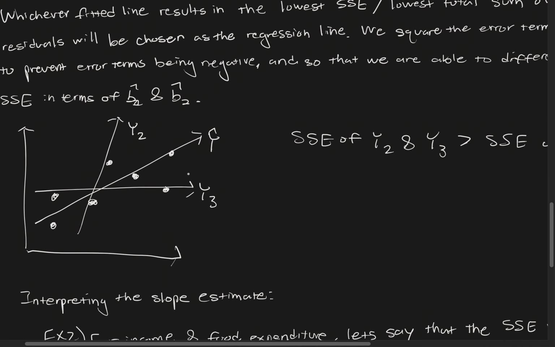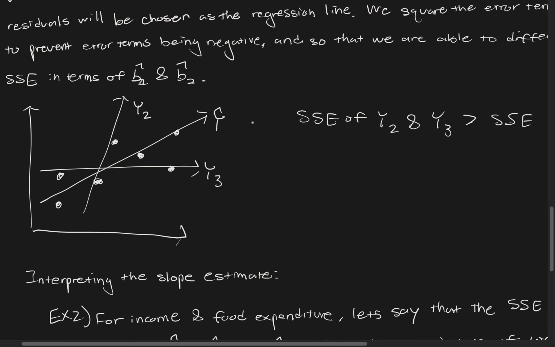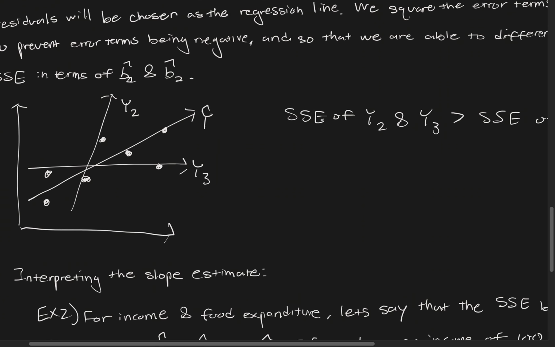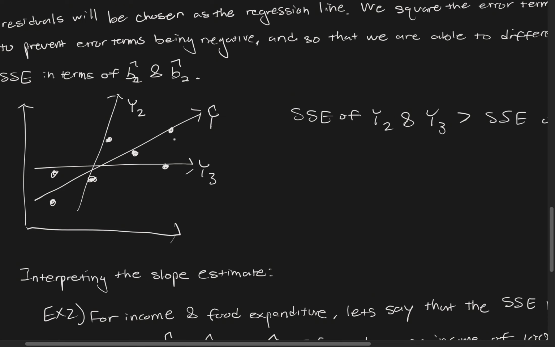And then visually, this is a good example of a y fitted here that minimizes the sum of squared errors, right? Compared to other fitted lines like y2 and y3, they don't minimize the sum of squared errors, because they don't give a good fitted line based on the data points.